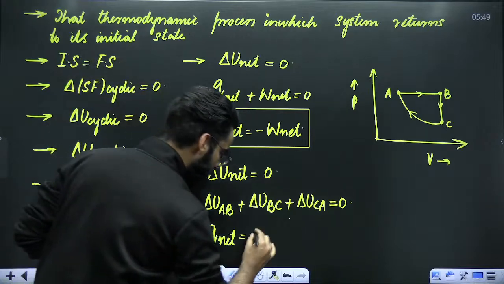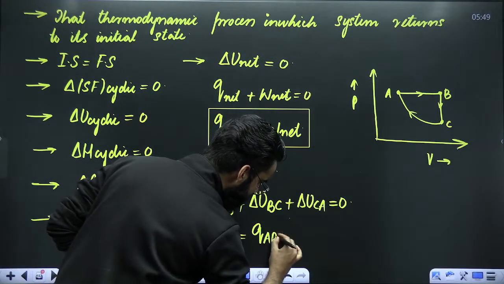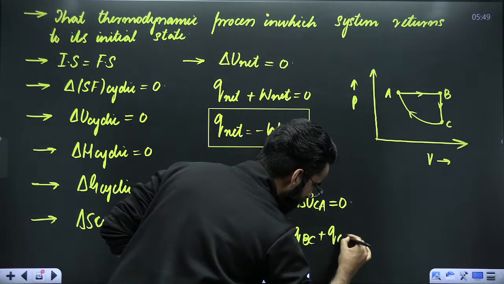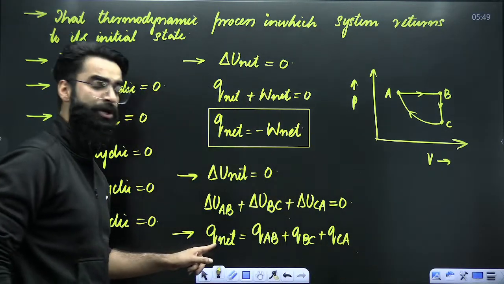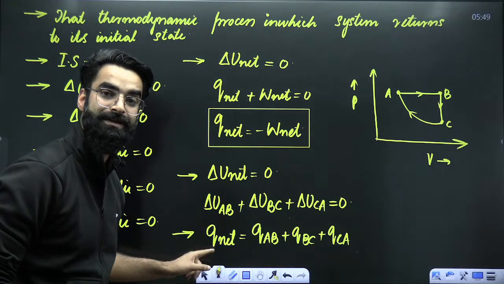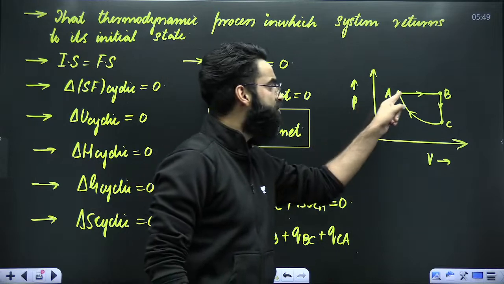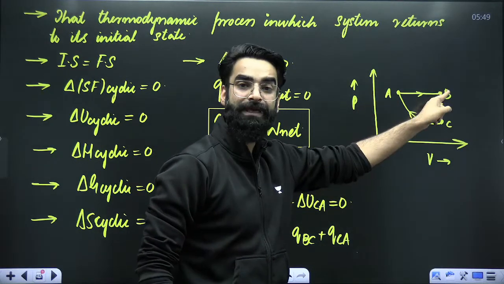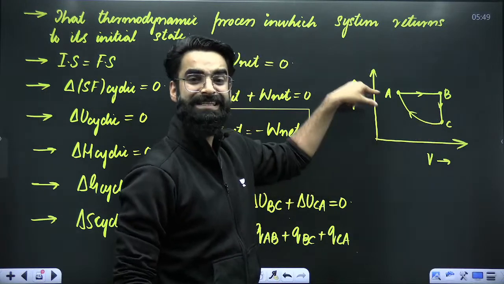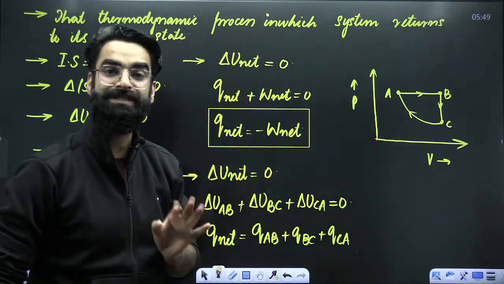That also has to be equal to QAB plus QBC plus QCA. That is, the heat absorbed or released by the gas during the process AB plus the heat absorbed or released by the gas during the process BC plus the heat absorbed or released by the gas during the process CA.